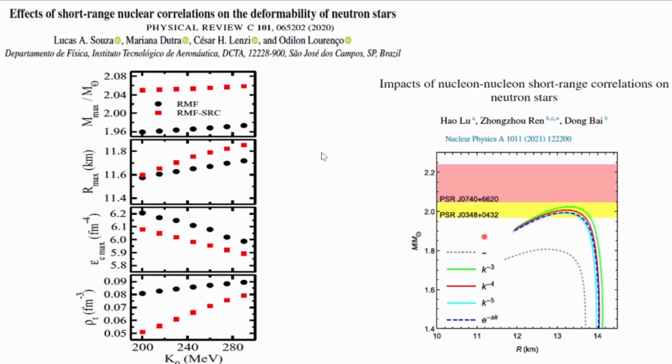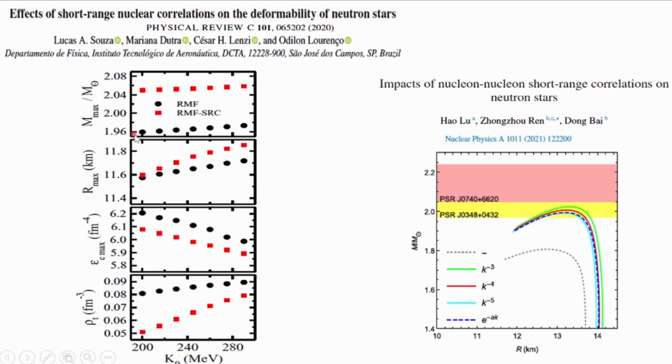This approach has been adopted by several other groups. Here I have two examples. The first example comes from the Brazilian group. They have studied the effects of short-range correlation on global properties of neutron stars and the cooling of proto-neutron stars.